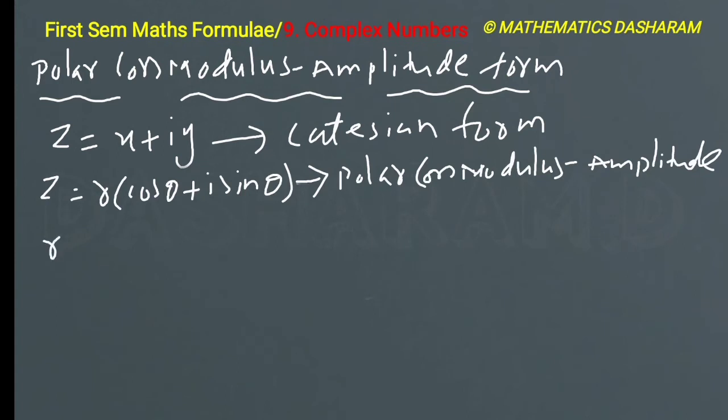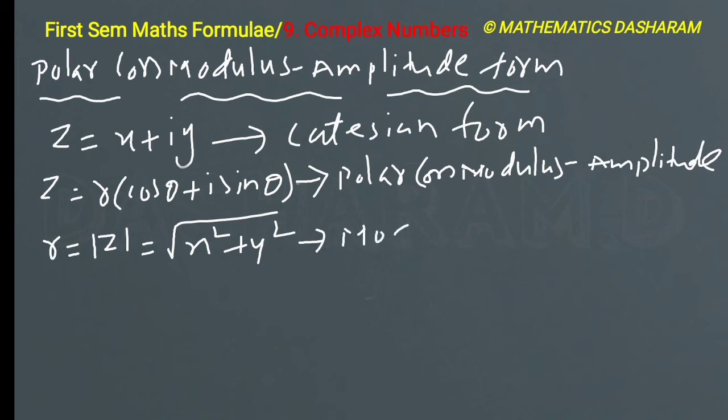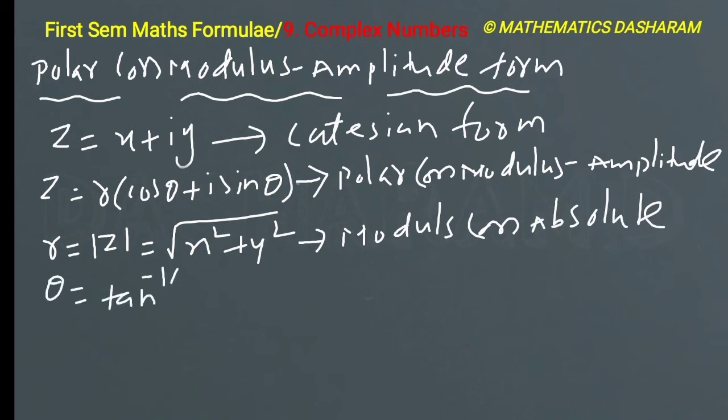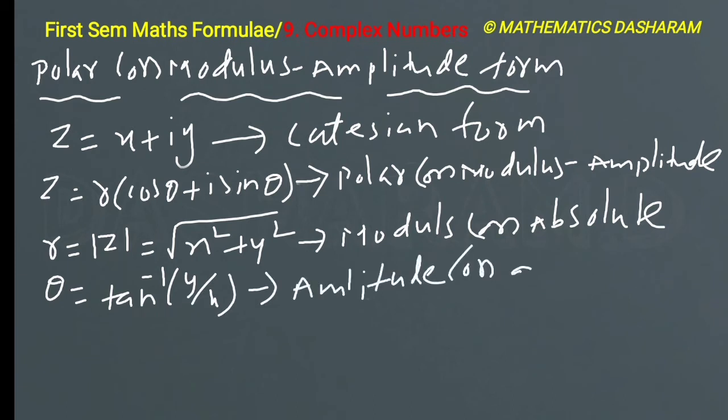So r, which is denoted by mod z, equals under root x square plus y square, is called the modulus or absolute value, and the angle theta equals tan inverse of y by x is called the amplitude or argument of z.